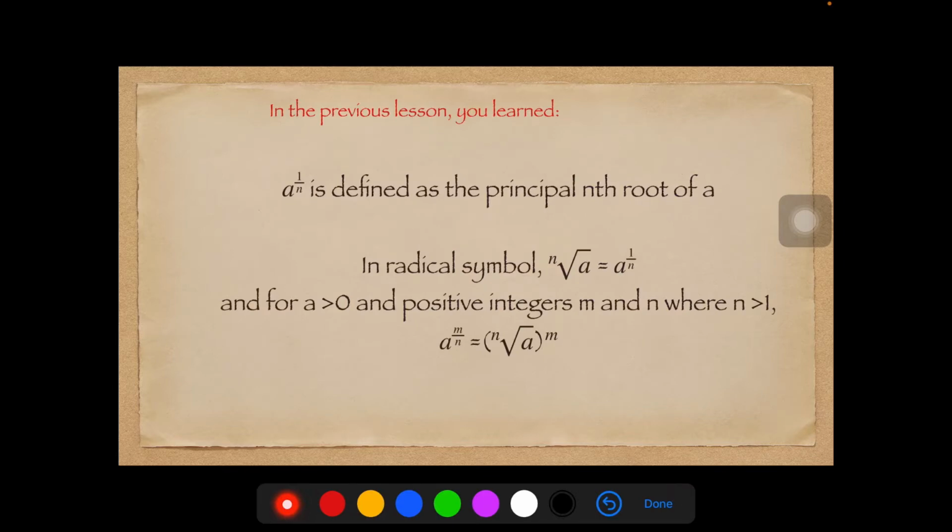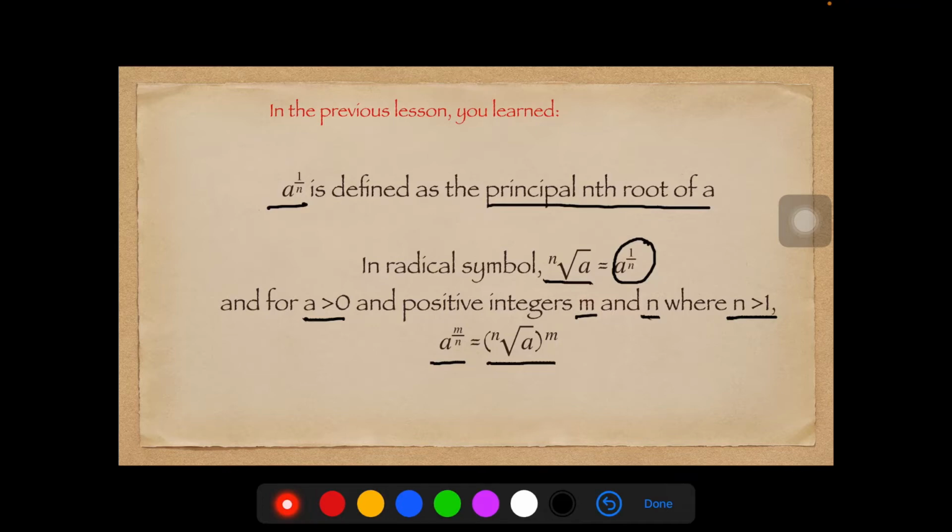Let's have a review. In the previous lesson you learned a raised to 1 over n is defined as the principal nth root of a. In radical symbol, we have the nth root of a, which is equivalent to that previous expression a raised to 1 over n. And for a greater than 0 and positive integers m and n, where n is greater than 1, a raised to m over n is equal to the nth root of a raised to m.